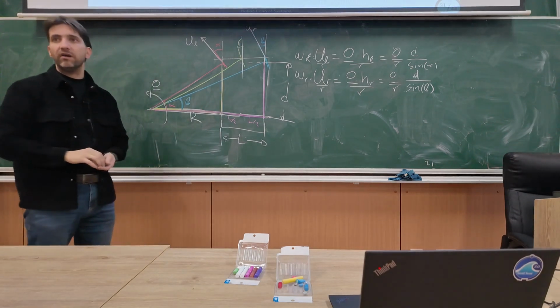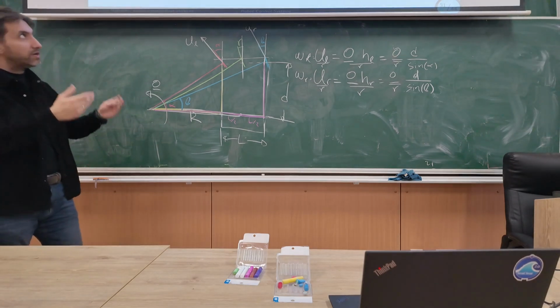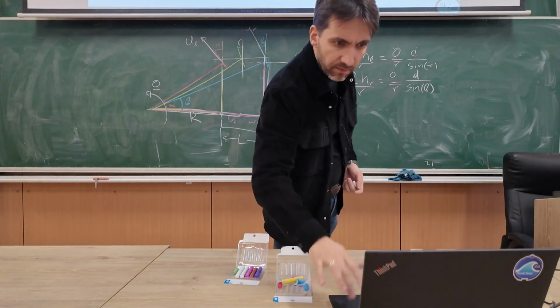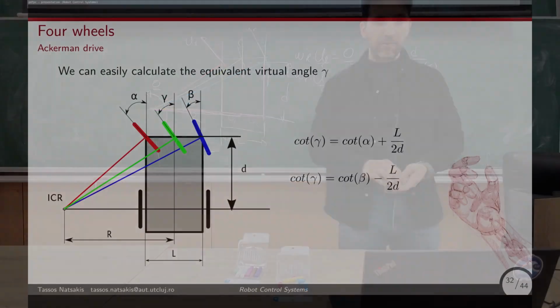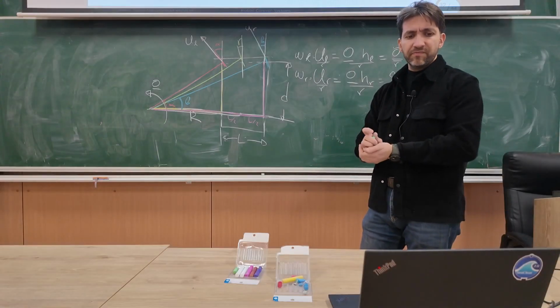And I calculate this virtual angle gamma, which I can do again from trigonometry. Gamma will be slightly bigger than alpha or slightly smaller than beta, depending on whether I'm turning left or right, but it will be between the two.